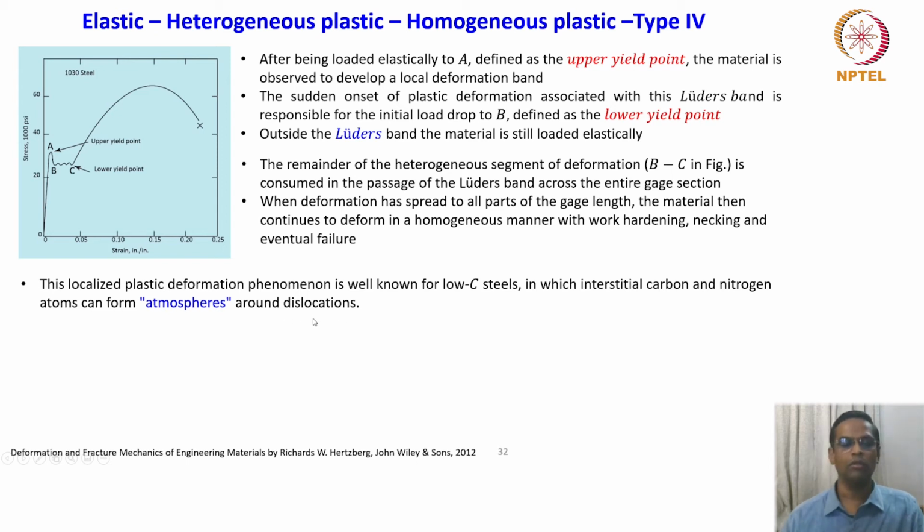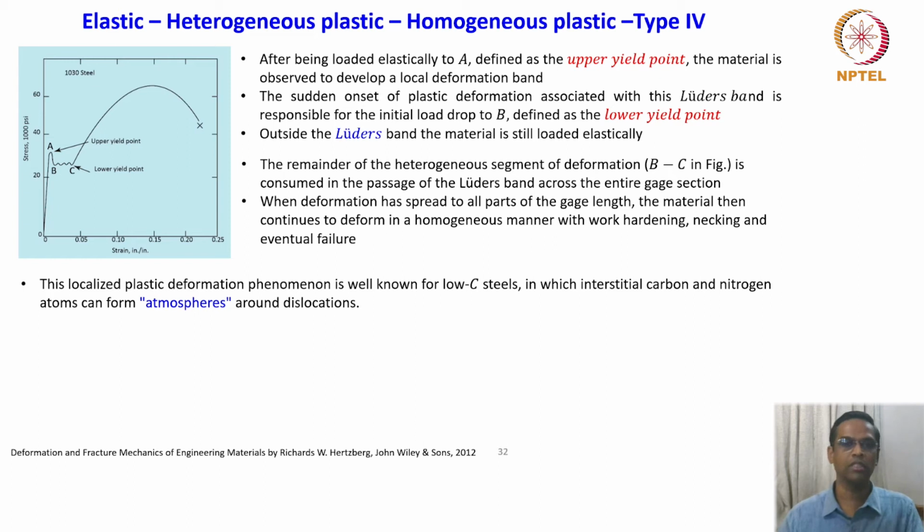You see, now we have to go back to our dislocation lectures and try to recall some of the mechanics of dislocation and how the interstitial atom interacts with the dislocation. We have seen a couple of examples, especially interstitial atoms like carbon, how it interacts with the edge dislocation. We have seen that, right?